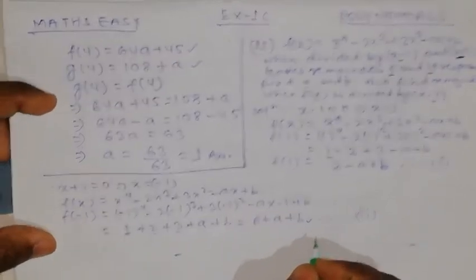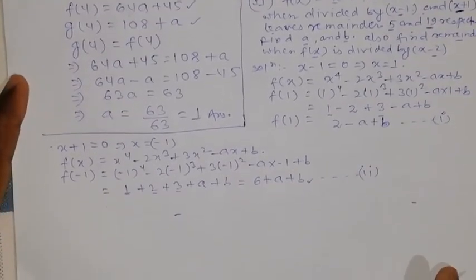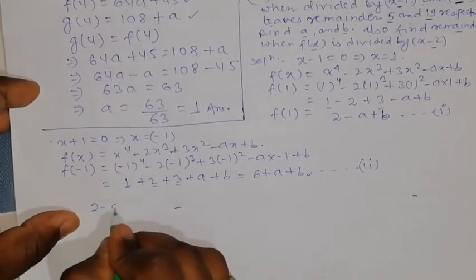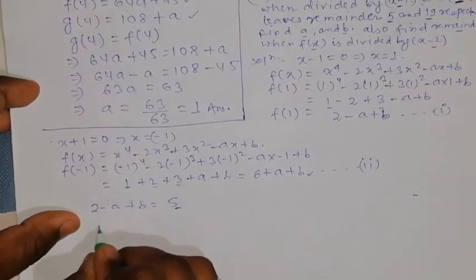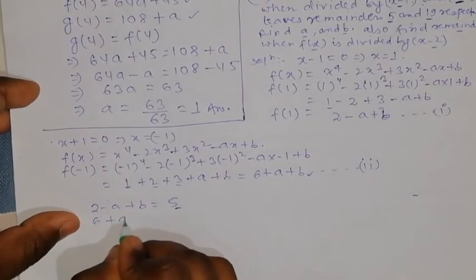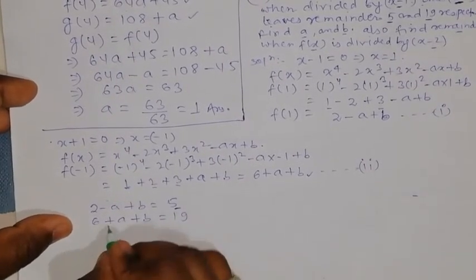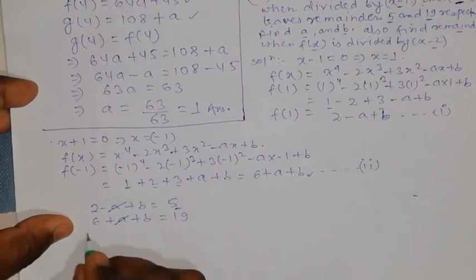Therefore 2 - a + b gives the remainder 5, and 6 + a + b gives the remainder 19. Here -a and +a will be cancelled out.